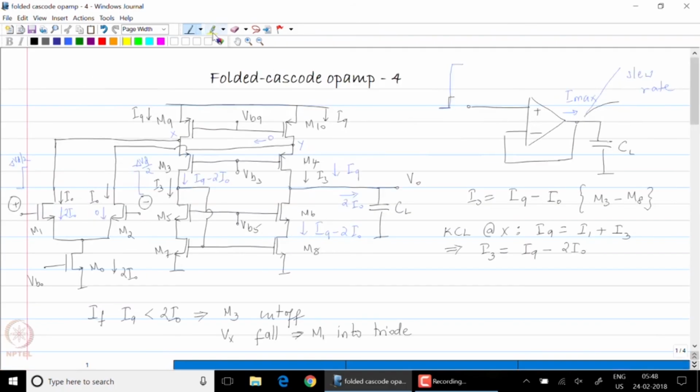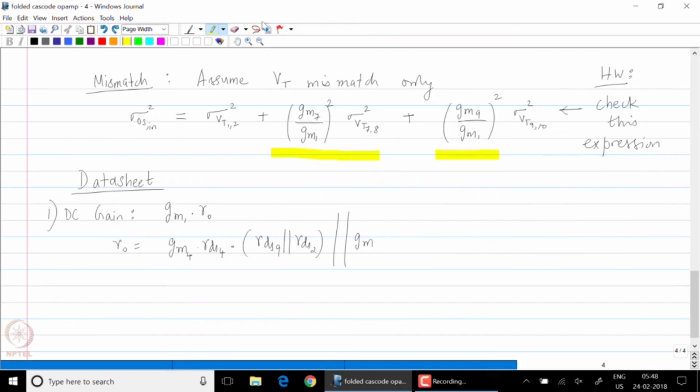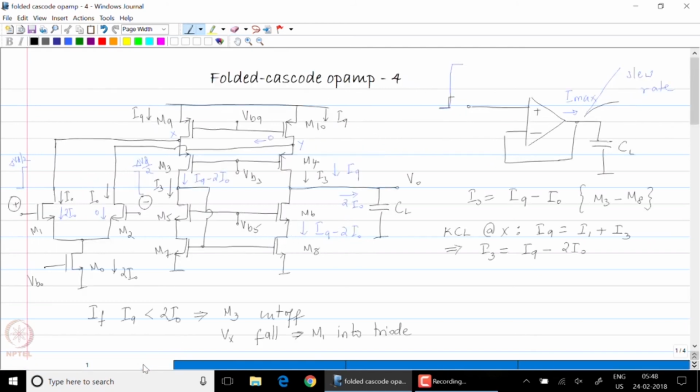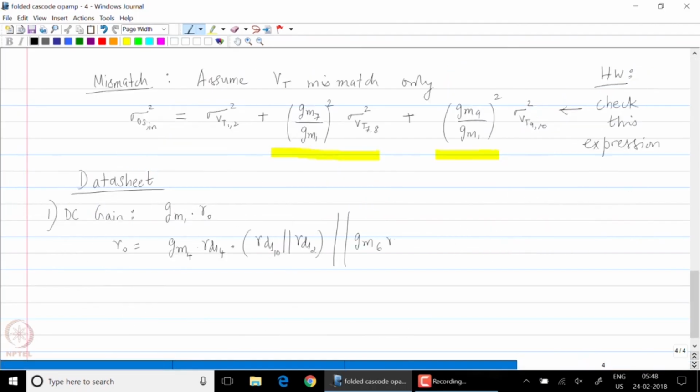so that is the path looking upwards. So you have GM4 RDS4 times the impedance looking upwards, which is RDS10 in parallel with RDS2. And RDS9 is the same as RDS10. And looking down, you have a GM6 RDS6 times RDS8.